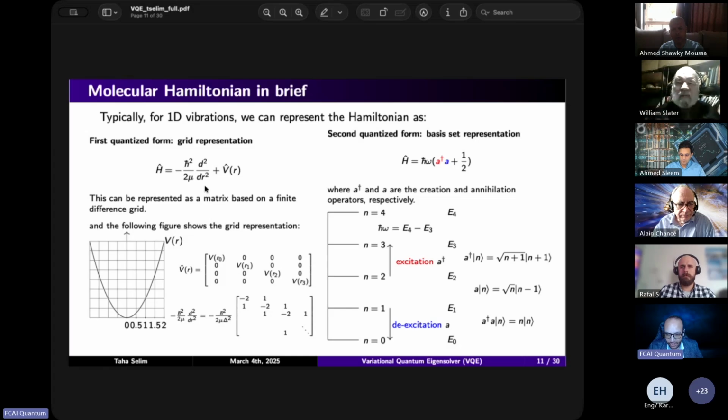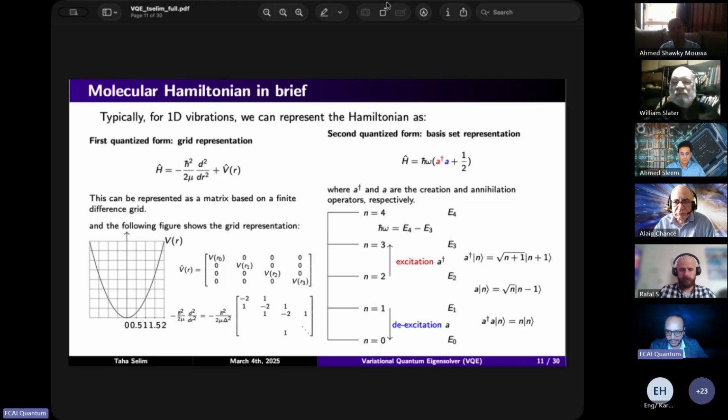A lot of packages can use it, but once you have more vibrational modes and more modes to consider, then typically we go with a second quantization because that's more natural, and of course you can deal with it using what we call basis set representation. So you can create a kernel and build in this kernel your Hamiltonian, and you can also use what we call the variational principle.